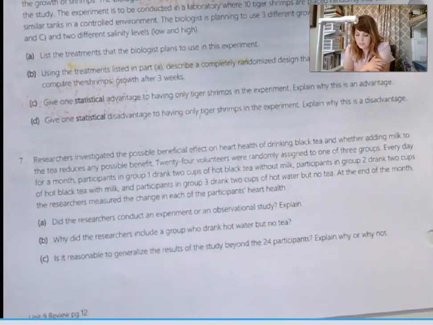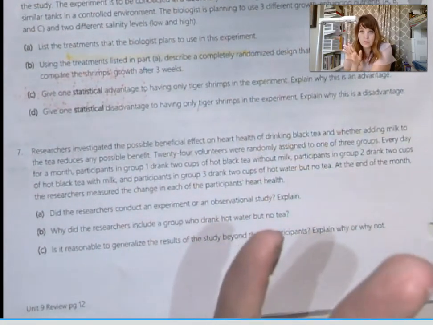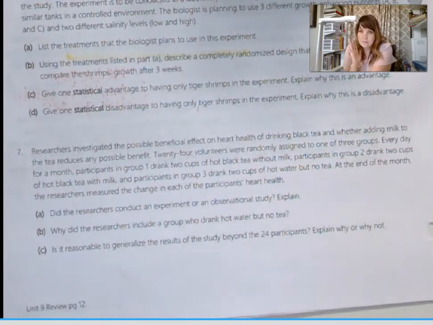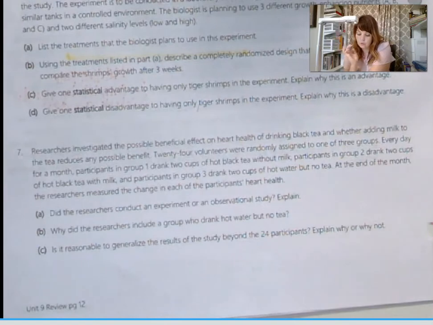B, why did the researchers include a group who drank hot water but no tea? That's your control group. And you need to write more than that's your control group. You got to write some more things that show you know why that's your control group. And C, is it reasonable to generalize the results of the study beyond the 24 participants?